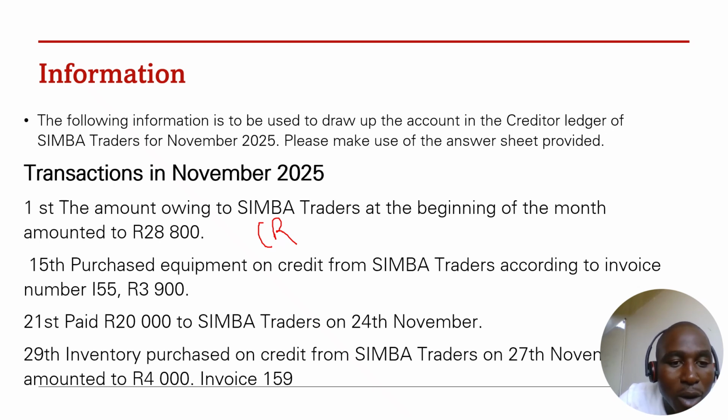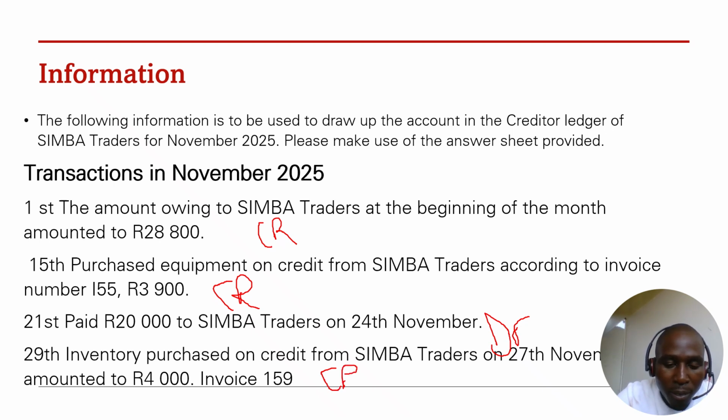Whenever you purchase on credit, we always write on the credit side of our ledger account. The payment of 20,000 means we're decreasing our credit, so we write on the debit side. The inventory purchased on credit means we're increasing our credit, so we write on the credit side.